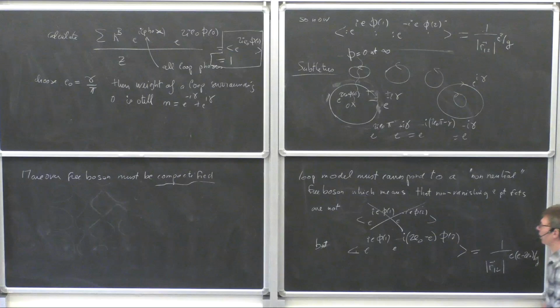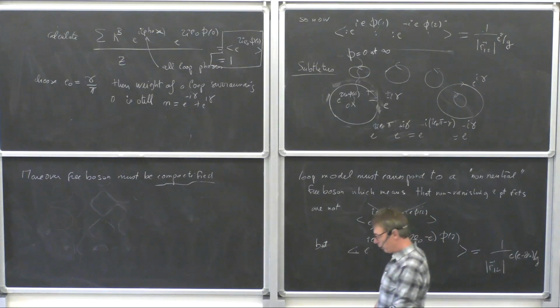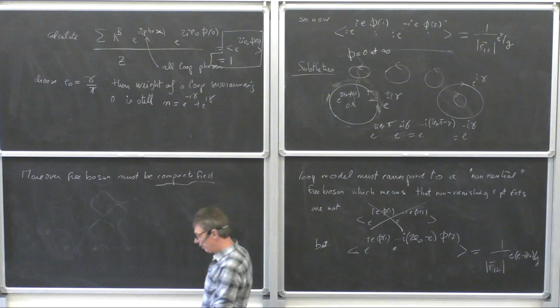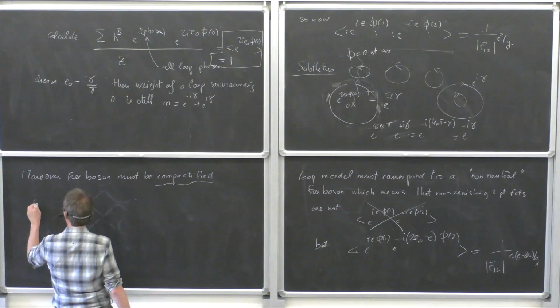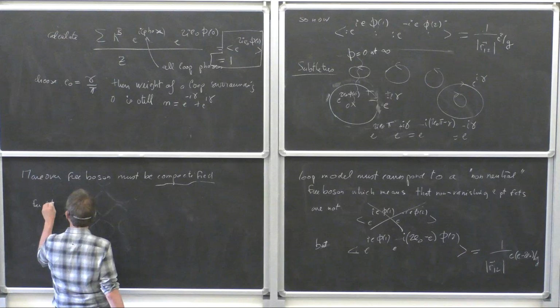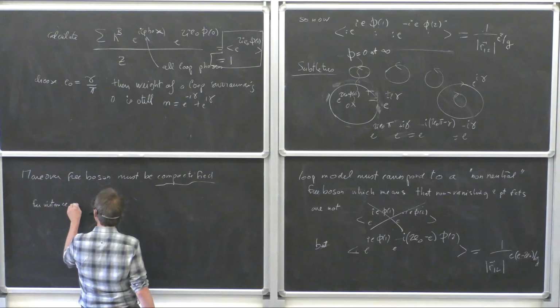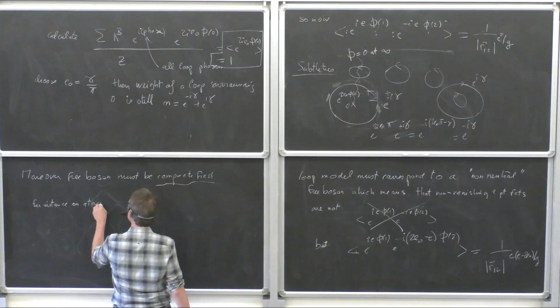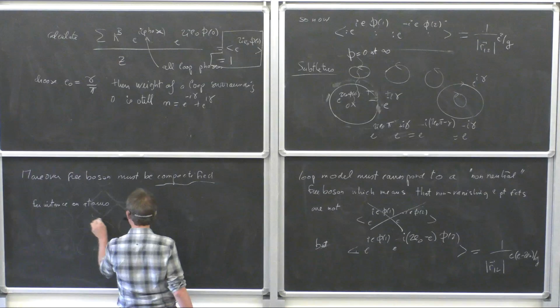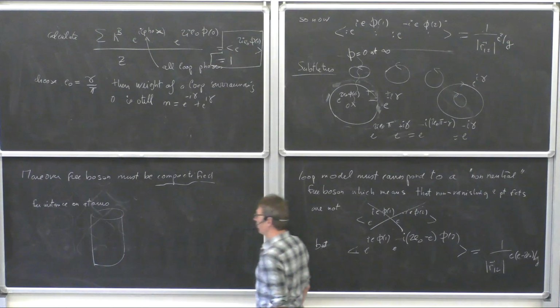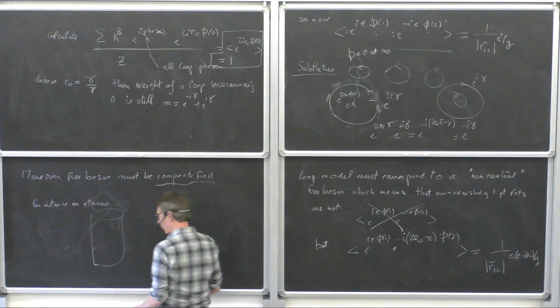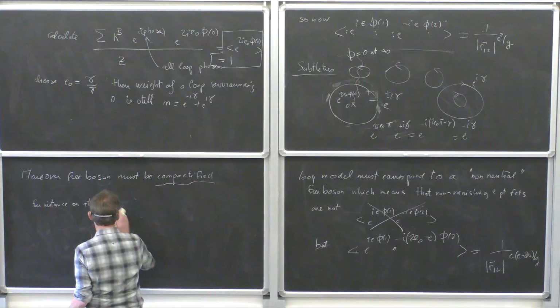Well, it means that in many cases we have to face the fact that our field phi is not uniquely defined. For instance, on a torus, so let me elongate the torus to have a cylinder. I can perfectly well, actually, let's draw a real torus for a change.